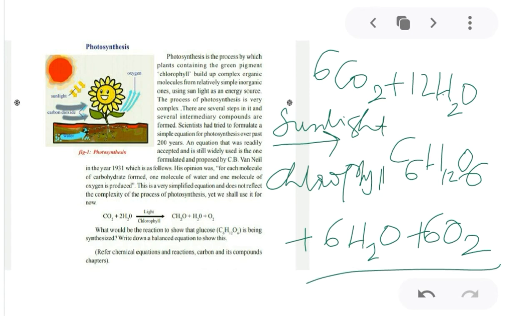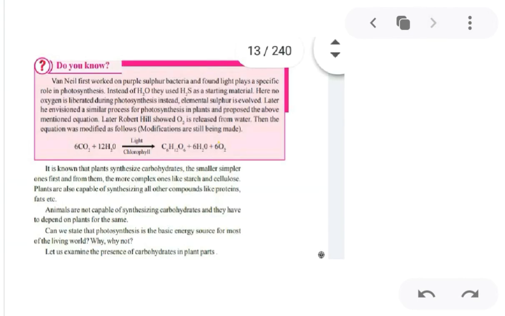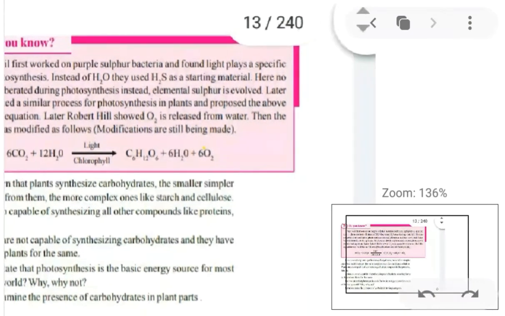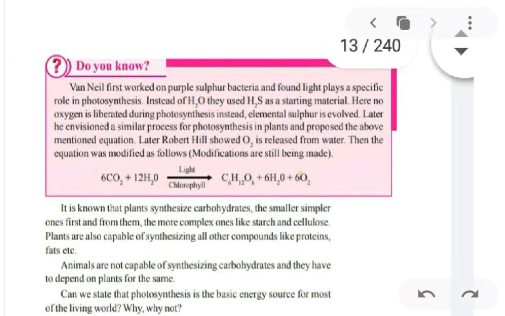Okay, so as additional information, let me tell you that Van Niel first worked on purple sulfur bacteria. I already told you, sulfur bacteria come under the autotrophic mode of nutrition, because they can prepare their own food by using sulfur chemicals. And he found light plays a specific role in photosynthesis.